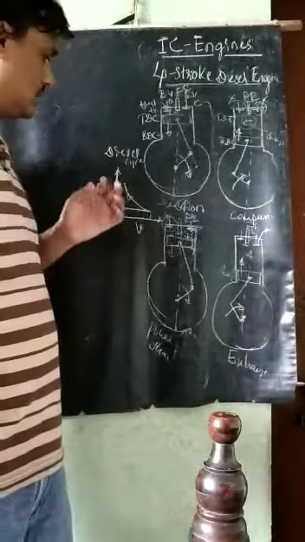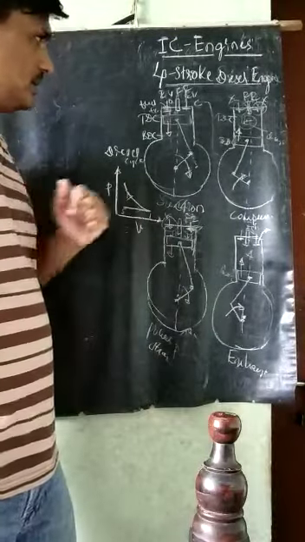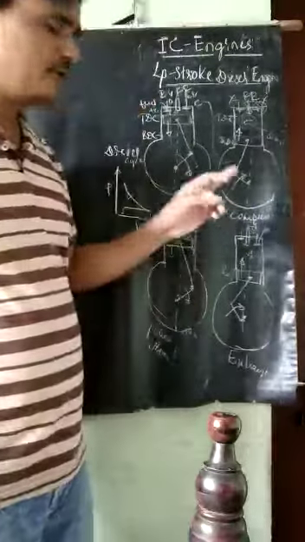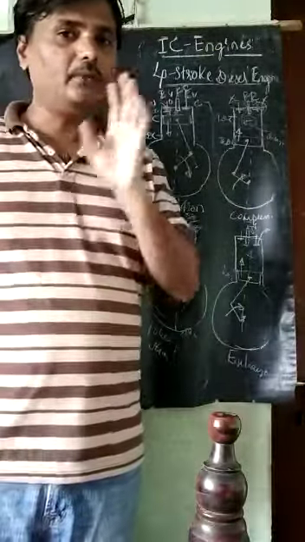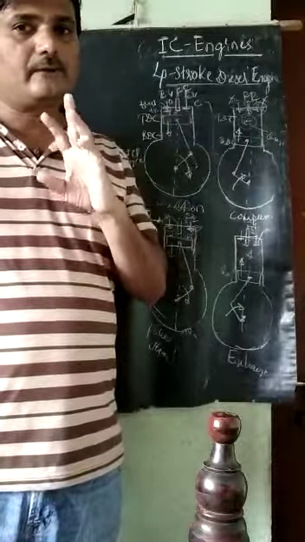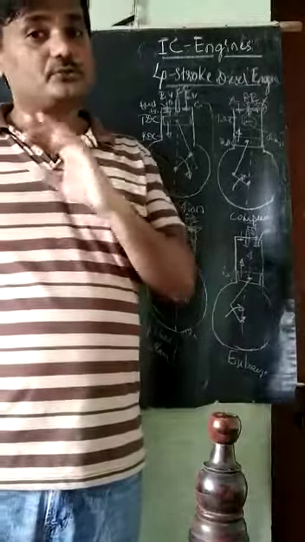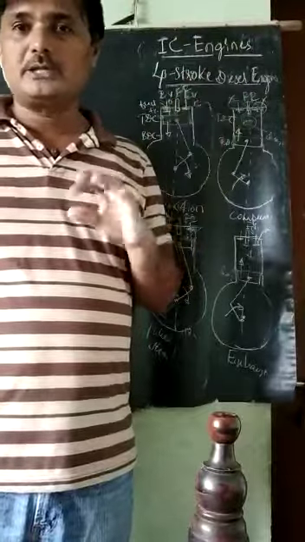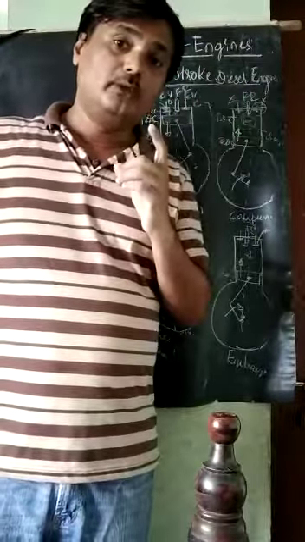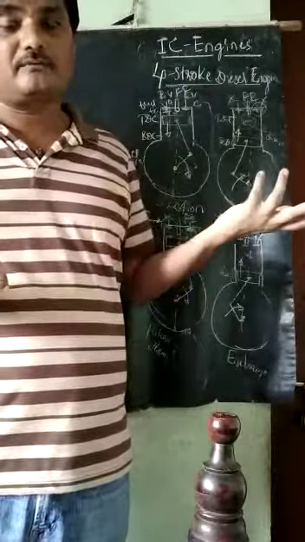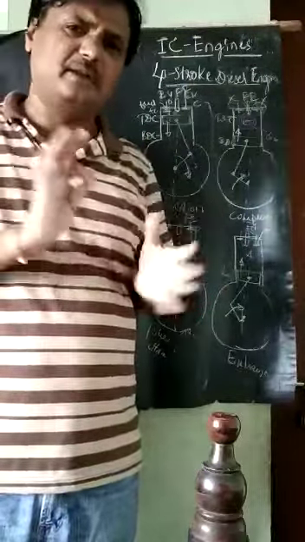In the compression stroke, only air will be compressed. In the diesel engine, as I have told, the compression ratio is very, very high. How much is it? From 12:1 to 22:1, whereas in the petrol engine it is maximum 4 to 10.